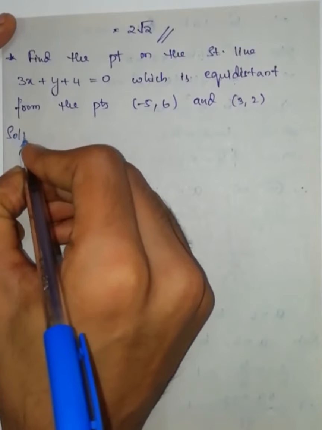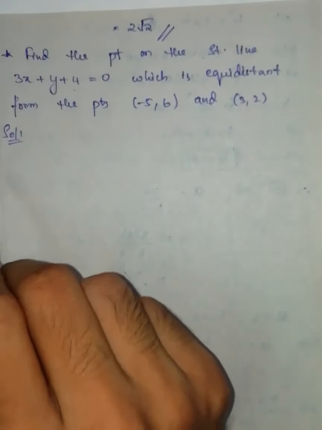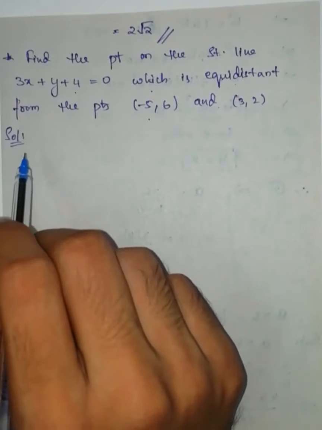Solution. Now I have to find the point on this straight line which is equidistant from this one and this one.